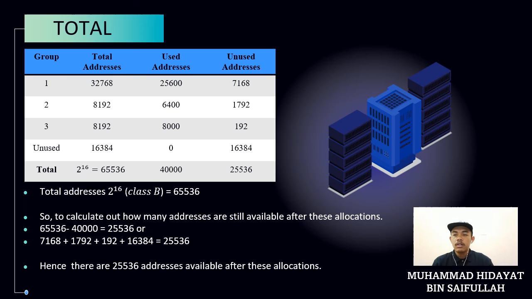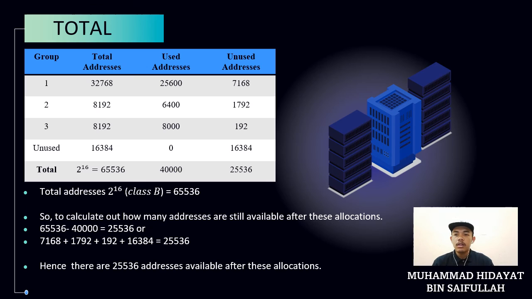The remaining block has 16,384 addresses in total, and the unused addresses are 16,384 too.